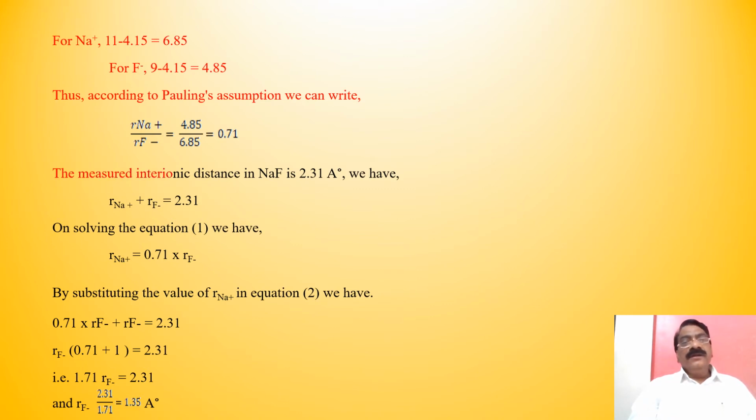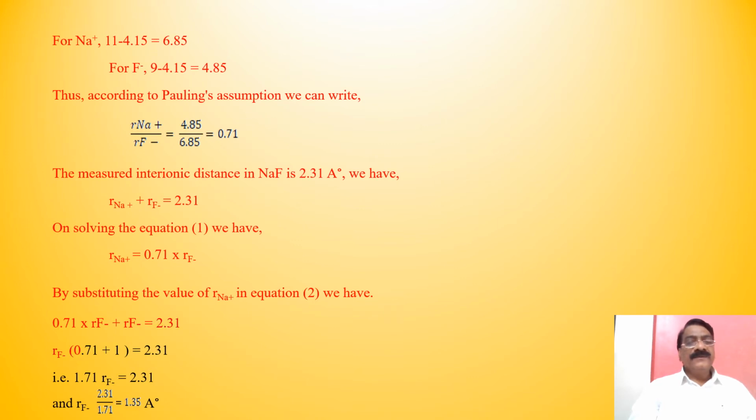The measured interionic distance in NaF is 2.31 angstrom unit. We have RNa+ plus RF- is equal to 2.31. On solving the equation, we get RNa+ is equal to 0.71 into RF-.